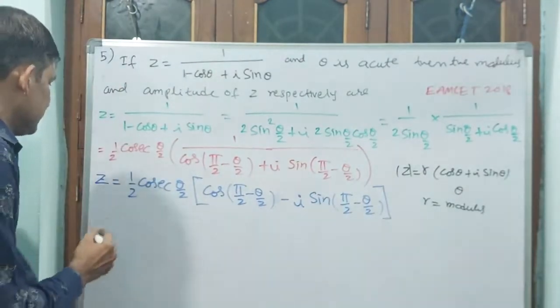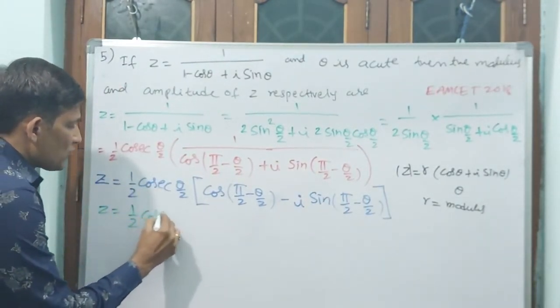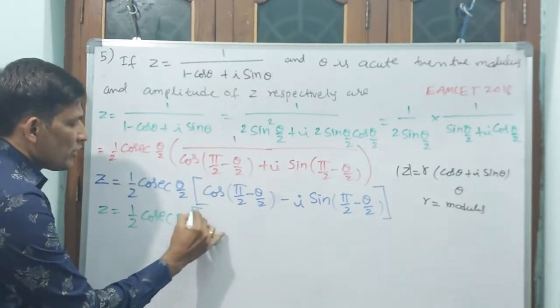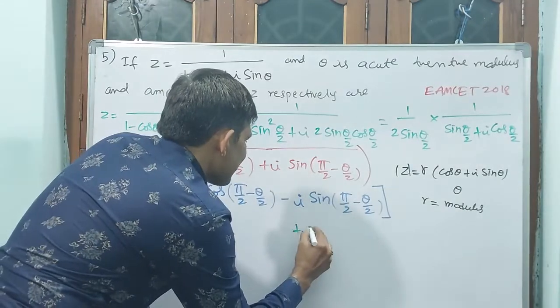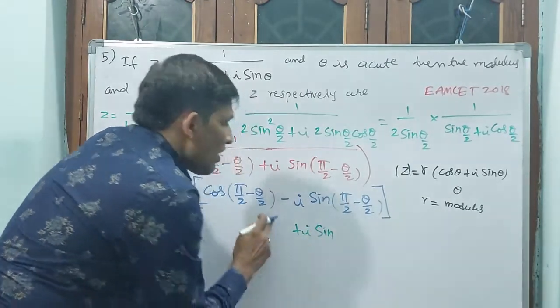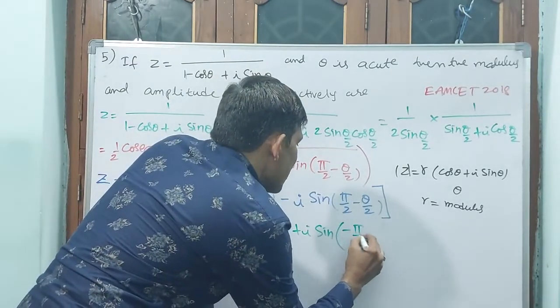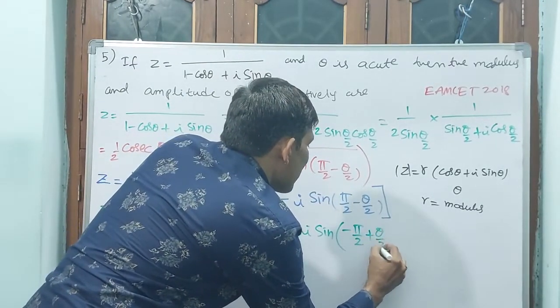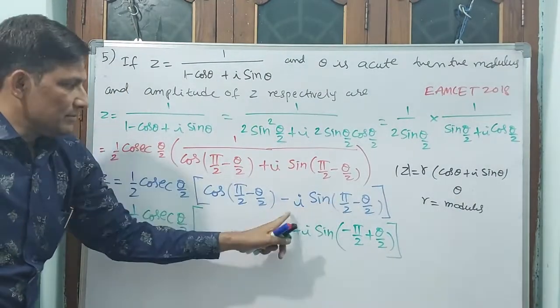See what will happen. Z is equal to 1 by 2 cosecant theta by 2. You keep like this only. This I am not touching. You see here plus I sin minus, if I send inside, automatically what will happen? Minus pi by 2 plus theta by 2 it will happen. Minus I have sent inside.